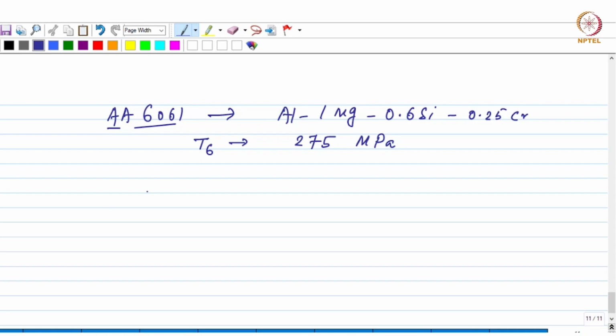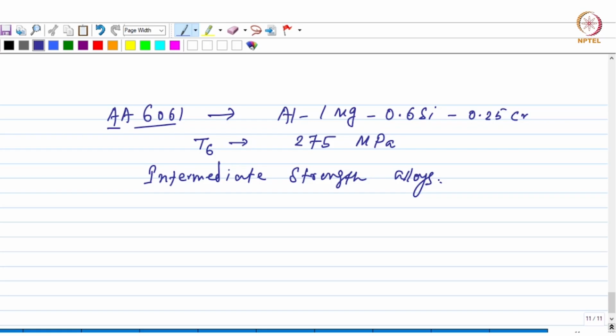So you can say that these are intermediate strength level aluminum alloys. The strength is higher than the non-heat-treatable alloys, but lower than other heat-treatable alloys.